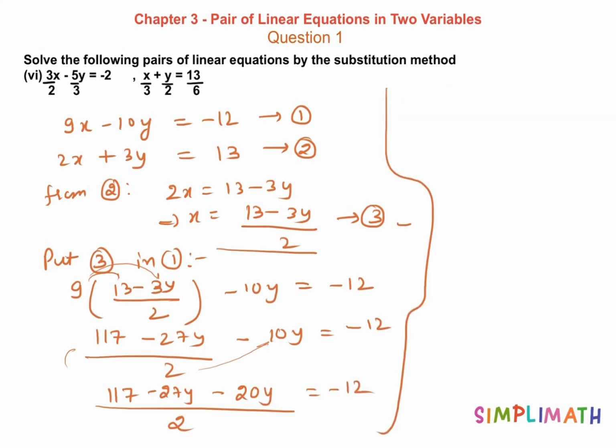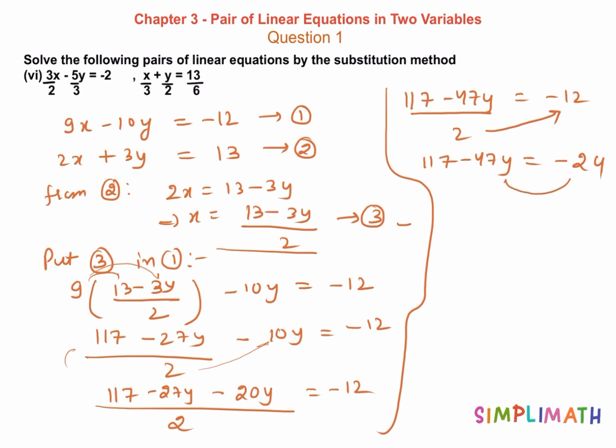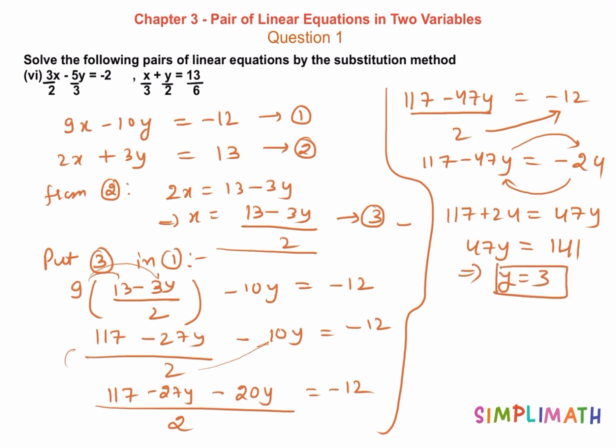Now solving the LHS, we have 117 minus 47y upon 2 equals minus 12. Now we take 2 to the RHS. So we have 117 minus 47y equals minus 24. Now we take 24 to the LHS and minus 47y to the RHS. So we have 117 plus 24 equals 47y. So we have 47y equals 141. So this implies y equals 3.